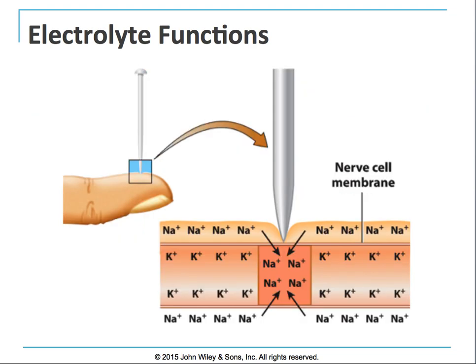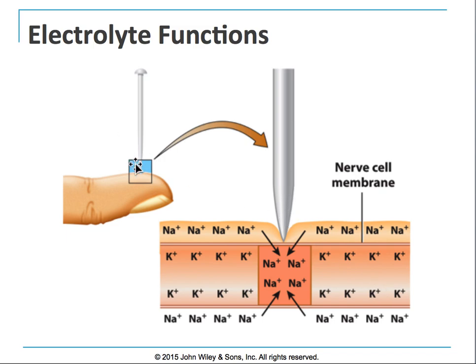Electrolyte functions. We mentioned on the slide, we talked about nerve function. So this is also from your book showing how, in this example, this is the nerve cell membrane. We have the sodium ions, these positive ions existing extracellularly, so they're outside the cell membrane. And then we have the potassium positive ions intracellularly.